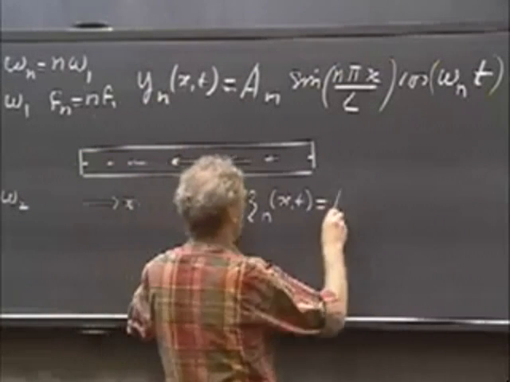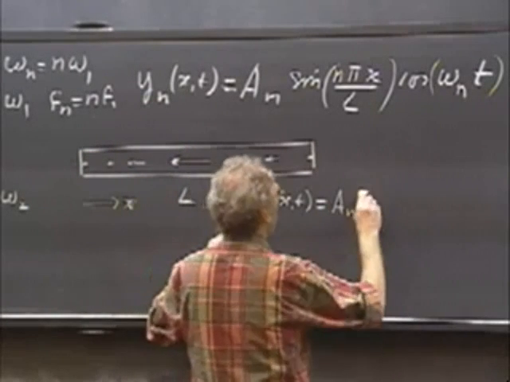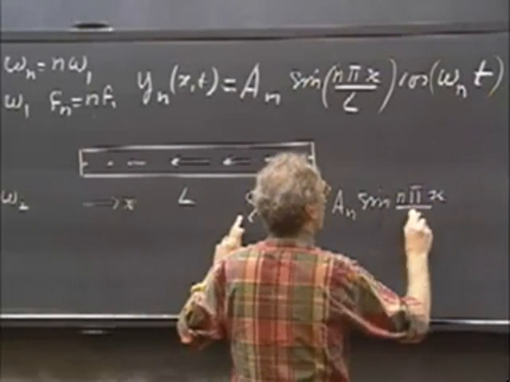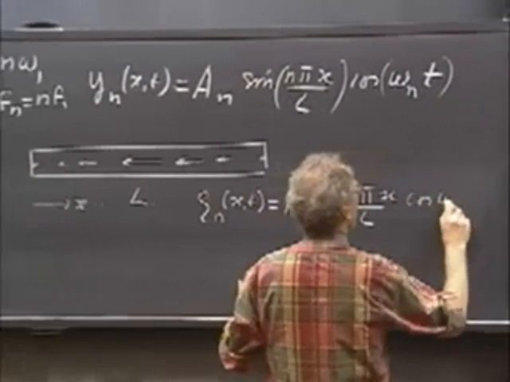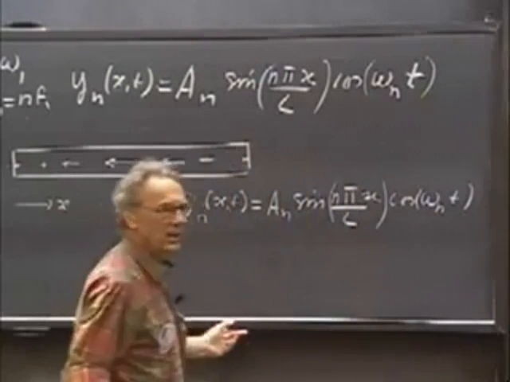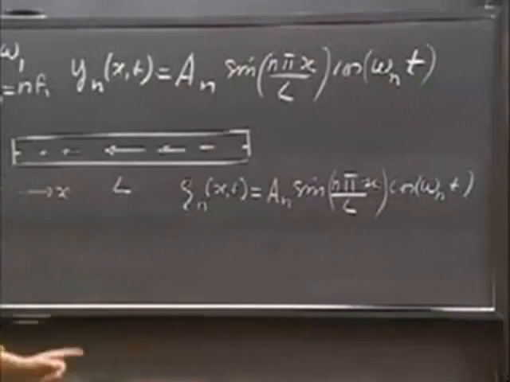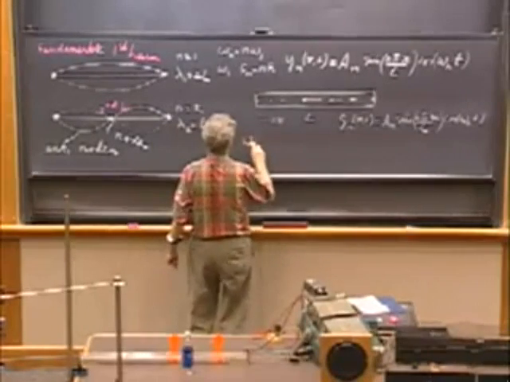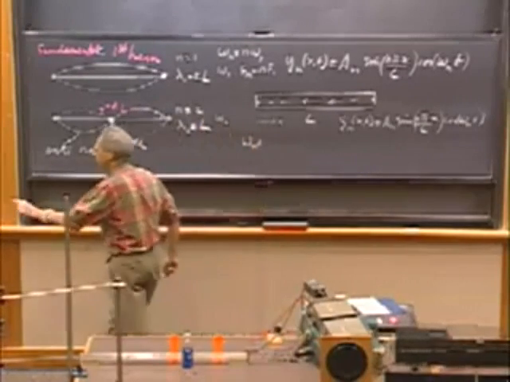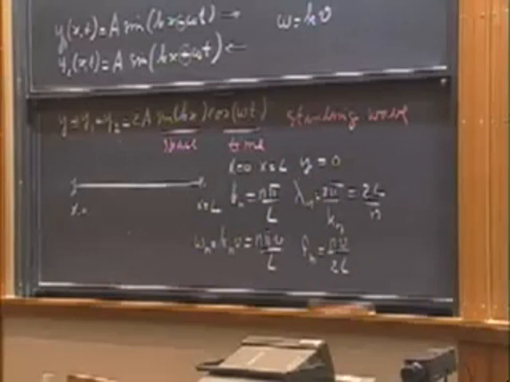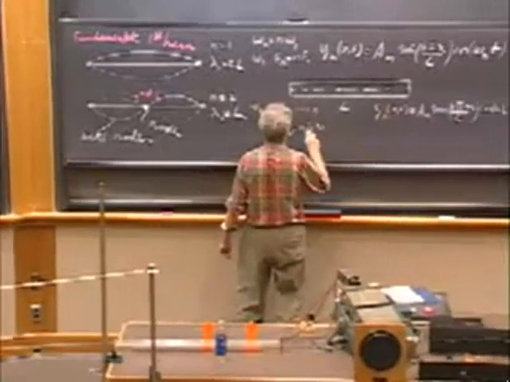So I give it some amplitude, A of n, then I get the sine of n pi x over L, and I get the cosine omega n t. So the equation is completely identical. However, keep in mind that omega n, which is this value, which is n pi v over L, that is no different. That is again n pi v over L.